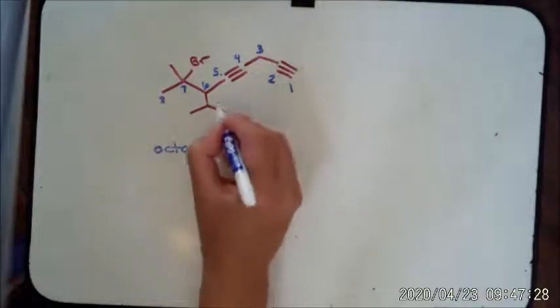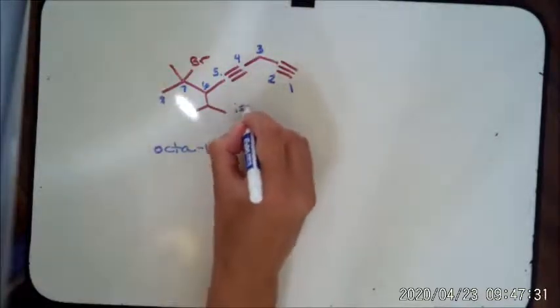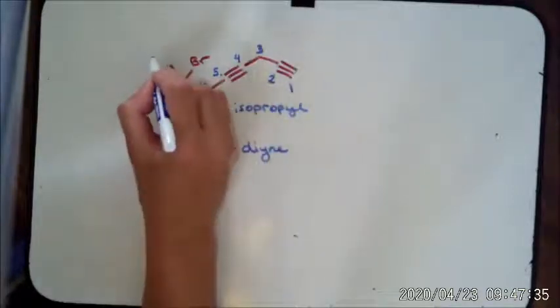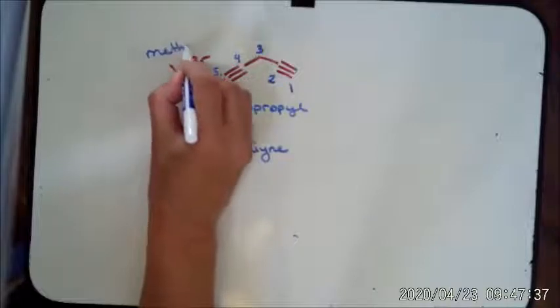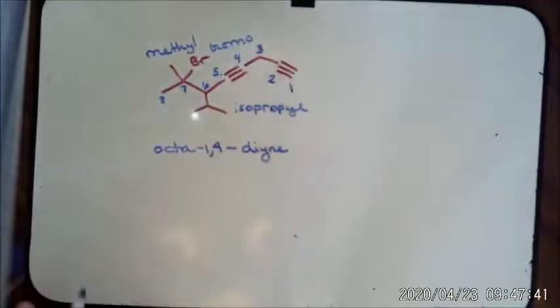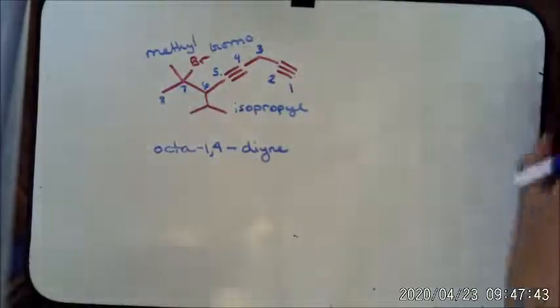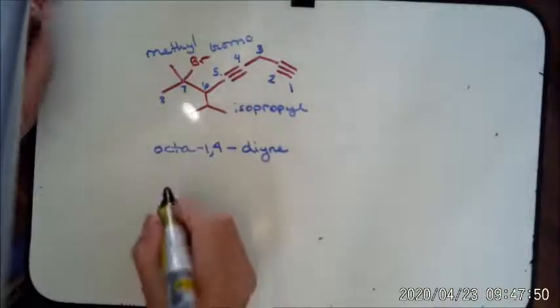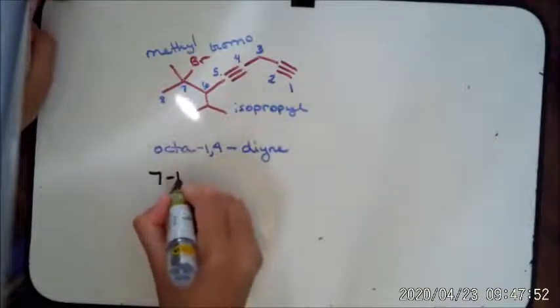Okay, this is an isopropyl group. This is a methyl, and this is a bromo. So when we name it, I'll put it down below. Do the bromo first. 7-bromo.